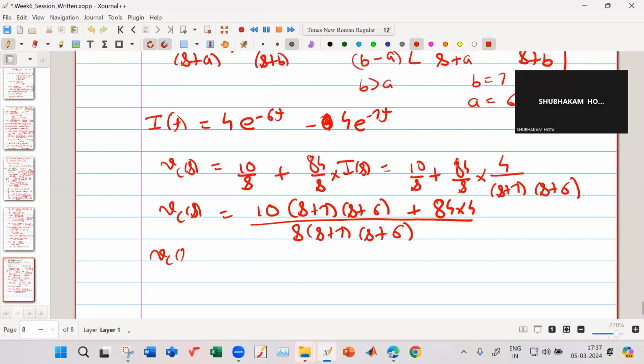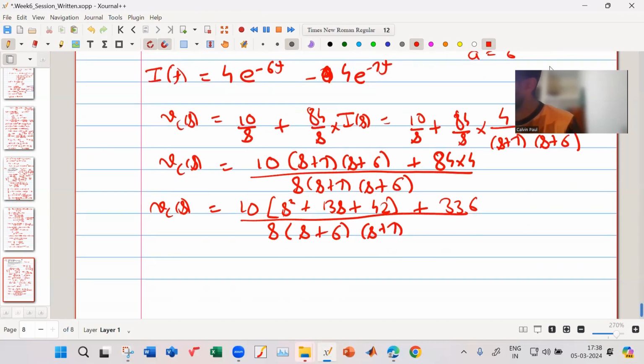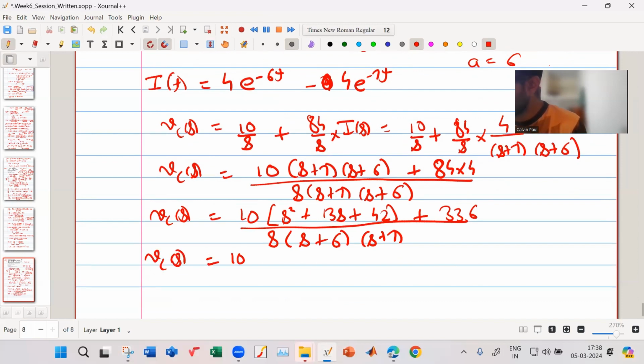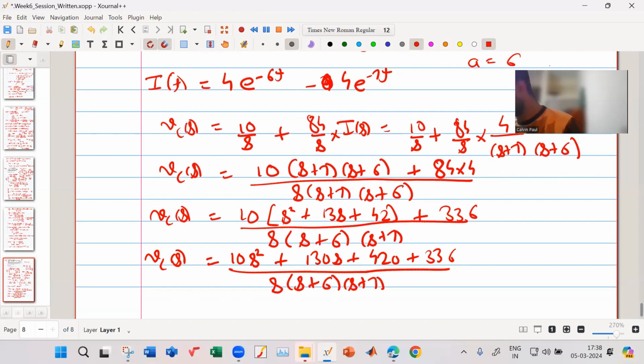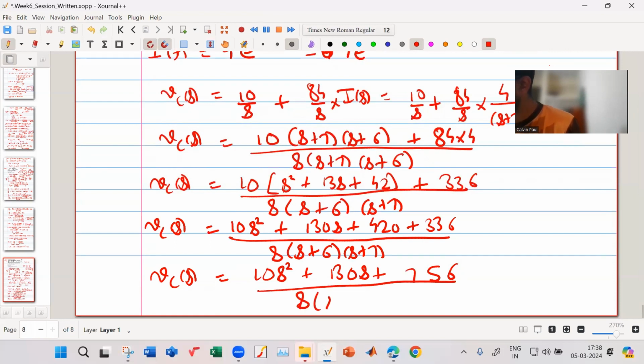That comes out to be 10 into (S square plus 13S plus 42) plus 336, divided by S into (S plus 6) into (S plus 7). 84 into 4 is 336. So VC of S is equal to (10S square plus 130S plus 420 plus 336), and 420 plus 336 becomes 756, divided by S into (S plus 6) into (S plus 7). Is this clear?